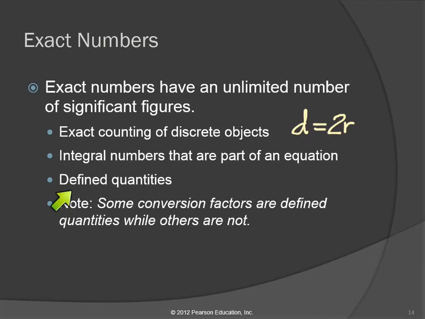Defined quantities. Some conversion factors are defined quantities. One example is that 1 inch is exactly equal to 2.54 centimeters. That's defined. 1 foot is equal to 12 inches. That's defined. So those numbers have an infinite number of significant figures.